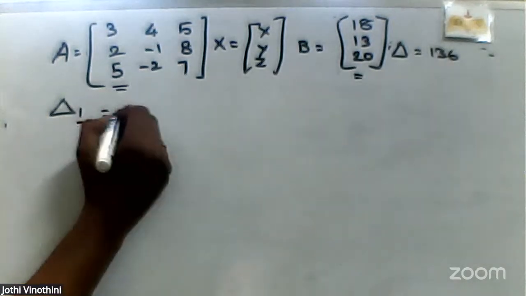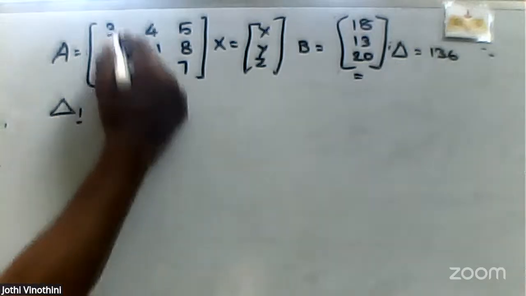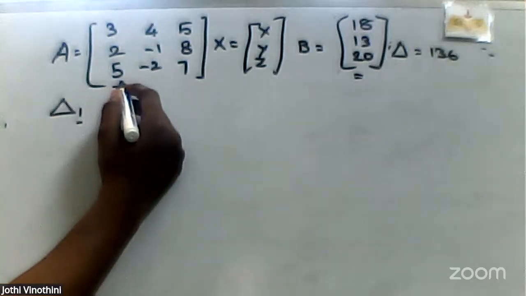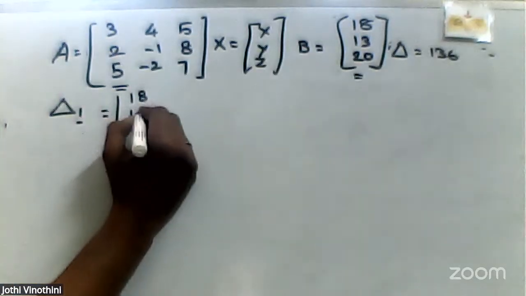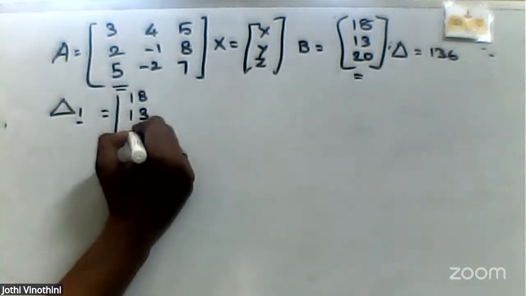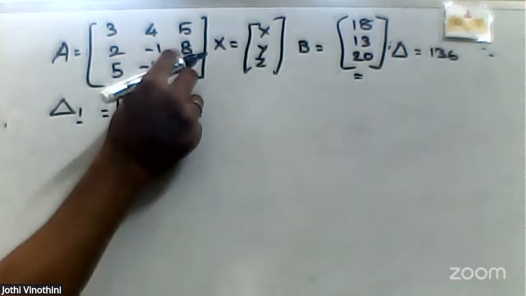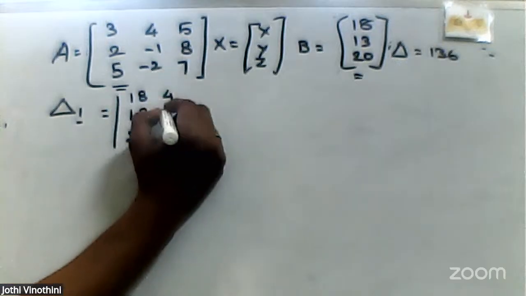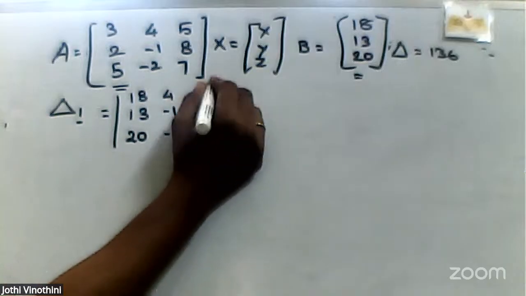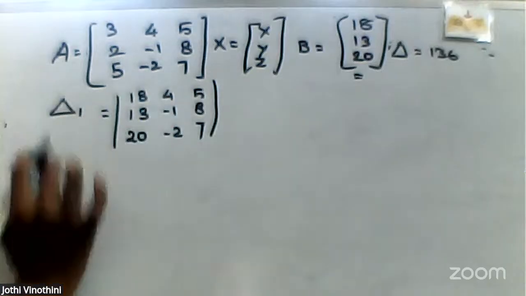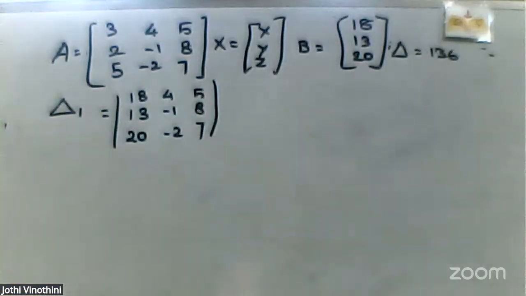So in place of this column we have to write the elements of B, 18, 13 and 20. And the other two columns remain the same, 4, minus 1, minus 2, 5, 8 and 7. Clear? Clear. So this is what we have to get del 1.